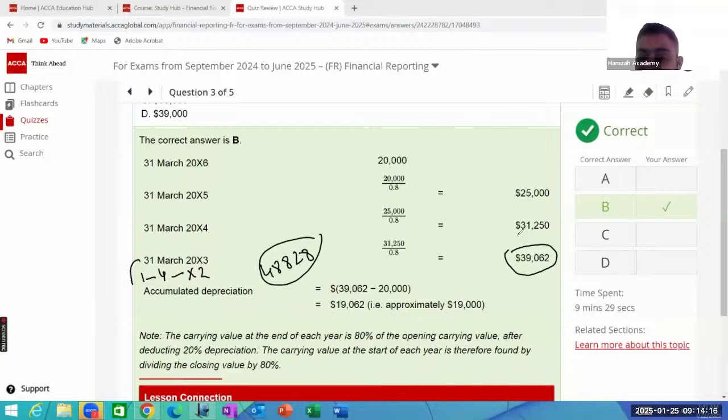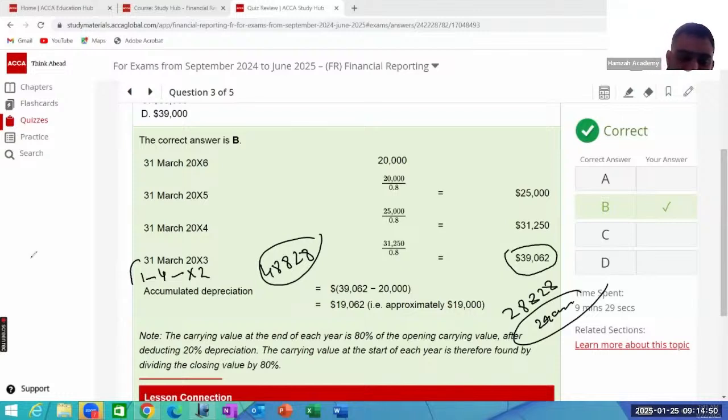And if you deduct the carrying value of the last year from the carrying value of the first year, you would not find the total accumulated depreciation. Basically, you need the cost, and then from that cost, when you deduct the carrying value, you will find the right accumulated depreciation. So that's why option B here is not the right option. The right option is 28,828, which is close to 29,000, which is not available in the answer options.